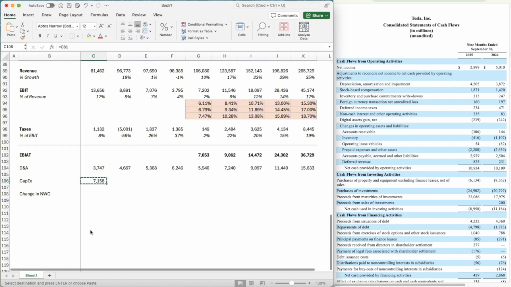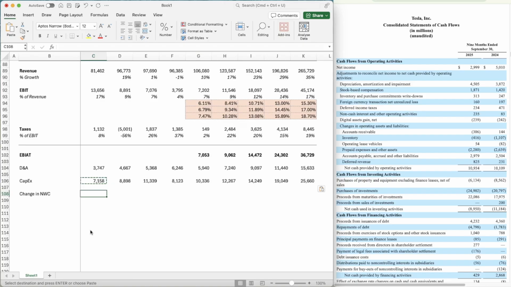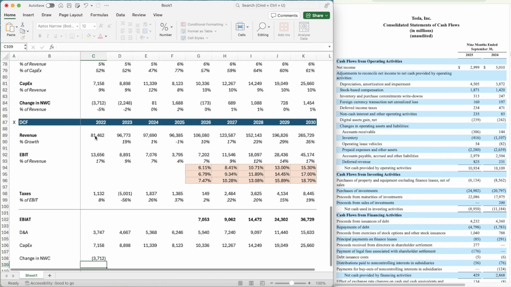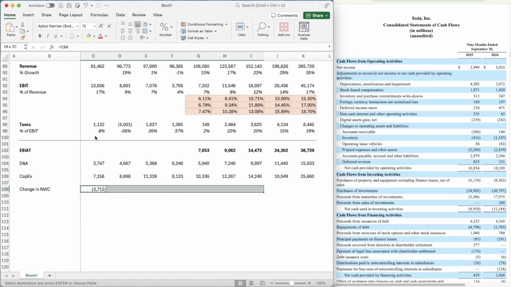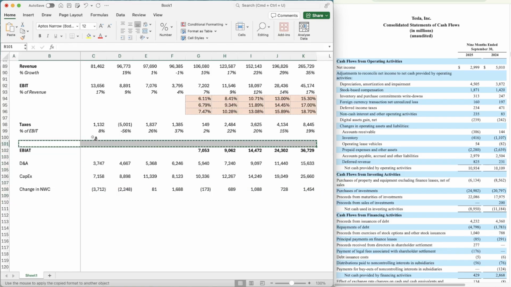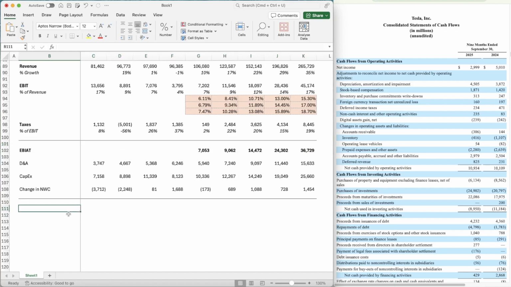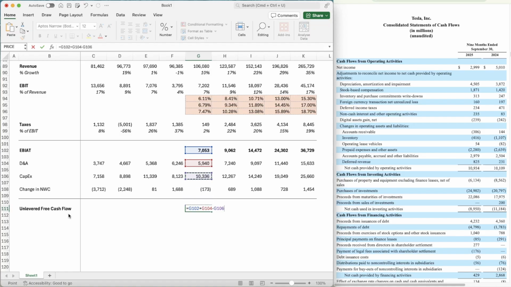There it is. To calculate the unlevered free cash flow, we take the EBIT, we add back depreciation and amortization because it's a non-cash expense, we subtract the CapEx, and we subtract the change in net working capital.